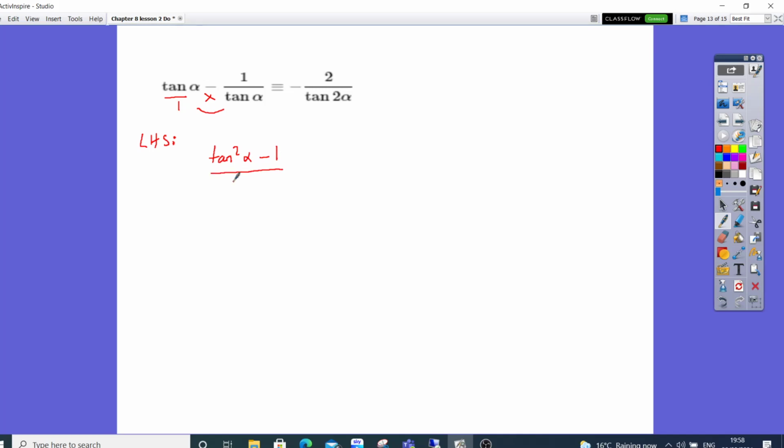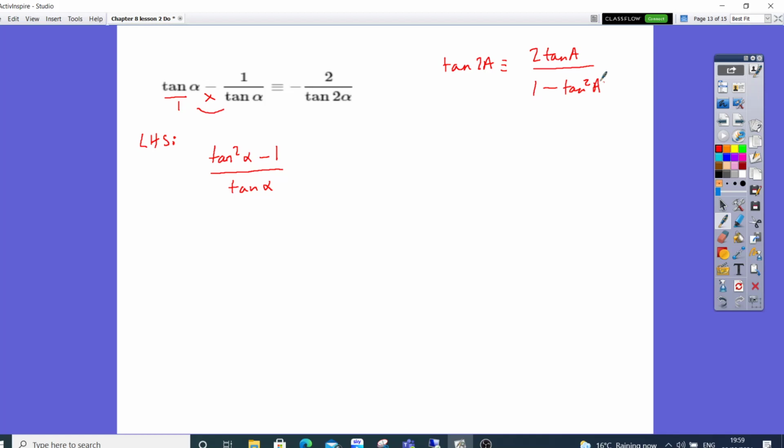Now I like this because I know that the identity for tan 2a is 2 tan a all over 1 minus tan squared.